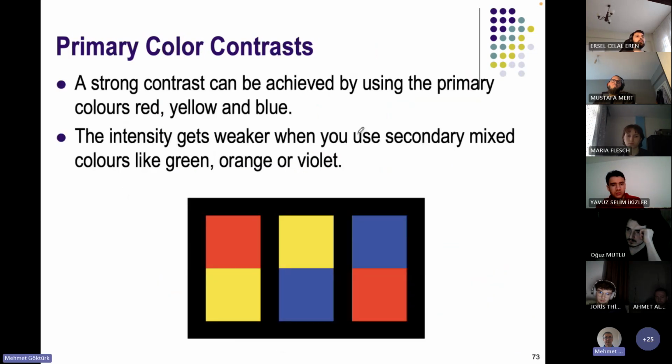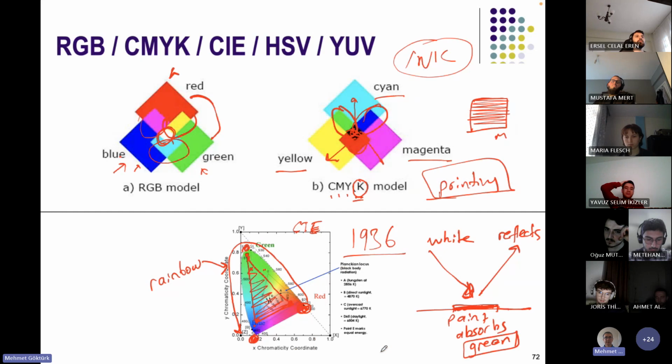So the combination colors are Galatasaray, Fenerbahçe, and Trabzonspor. These are primary color contrast values. These primary color contrasts usually correspond to different edges of the color gamut, the color diagram.